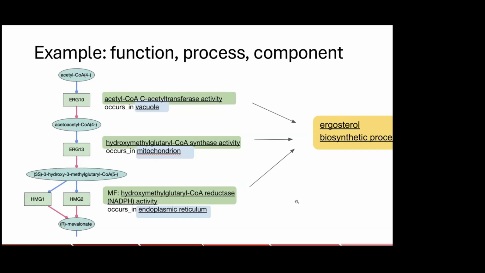So you can see that we have function, component, and process for all these genes. This is just drawn together in the pathway, but essentially for each gene, ideally, if it's well characterized, we should have a function, a process, and a component. This information is complementary.